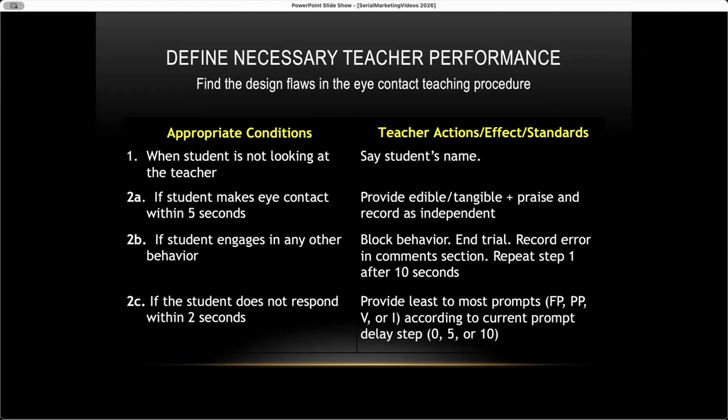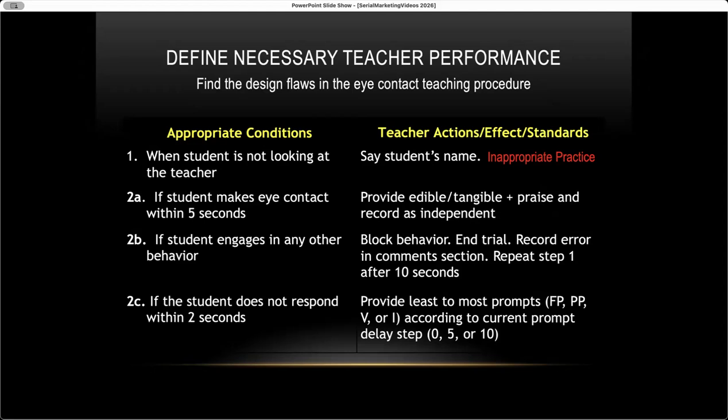If you look at step one, appropriate conditions, when the student is not looking at the teacher, is to say the student's name. What could possibly be wrong with that? I consider that to be inappropriate practice. It doesn't provide appropriate practice, meaning that it's not going to provide practice that will produce appropriate discrimination and generalization.